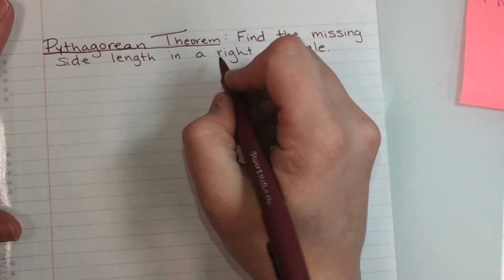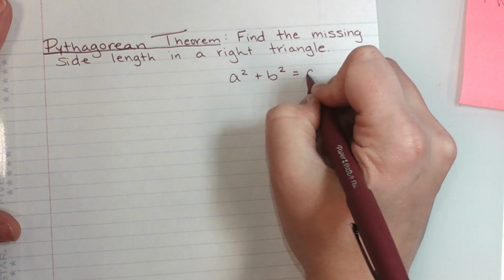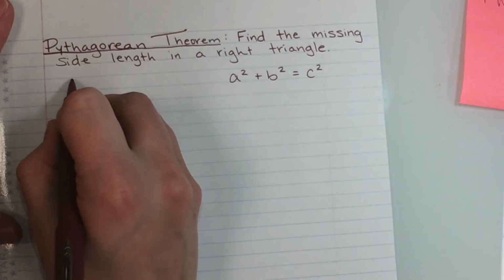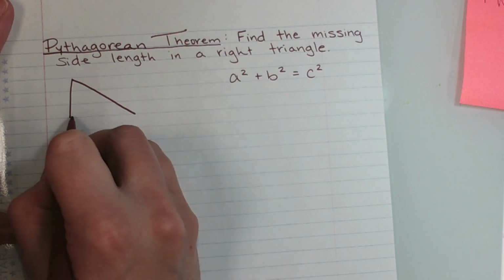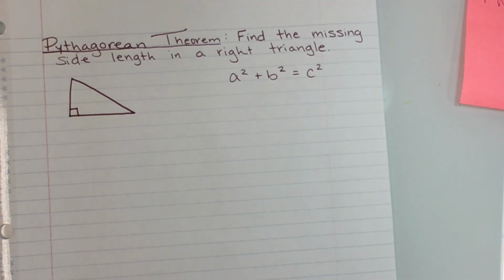Now, when you're working with this, yes, it is a squared plus b squared equals c squared is the theorem. What are a, b, and c? Helps you find missing side lengths, so it would be logical that they are side lengths, right? Does it matter which one goes on which side?